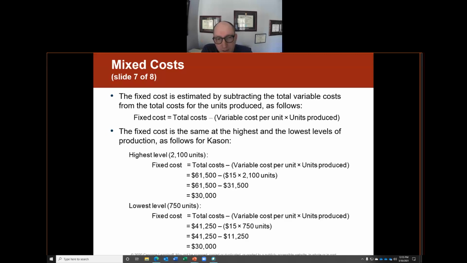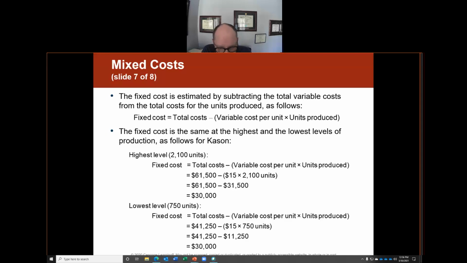So looking at the high level, 61,500 total cost minus variable cost per unit, $15 that we found from step 2, times units produced at the high level, $15 times 2,100 units gets us to 31,500. Total cost minus our variable cost at the high level equals 30,000.